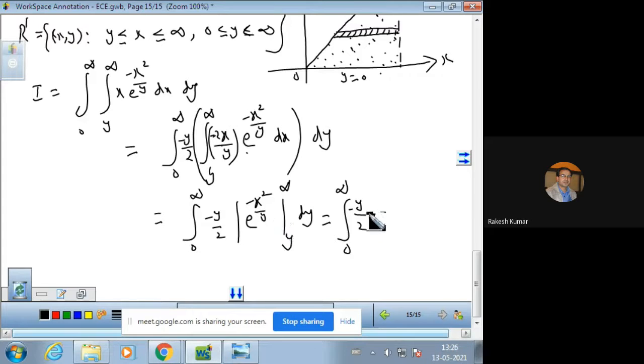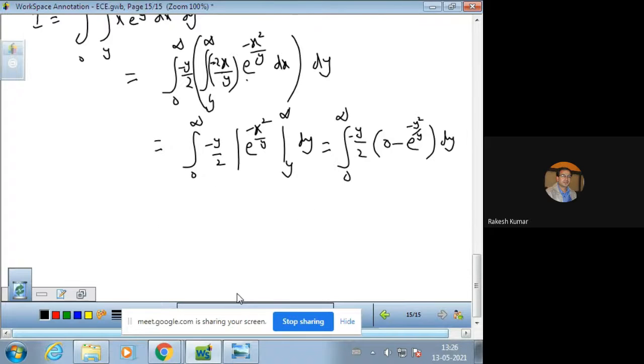Now put upper limit infinity, e raised to power minus infinity comes out to be 0, and e raised to power minus y square upon y into dy. So you will have 0 to infinity minus y by 2 e raised to power minus y dy.